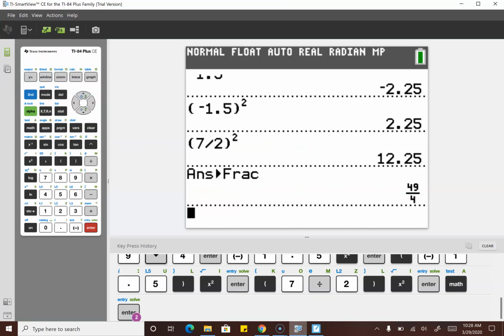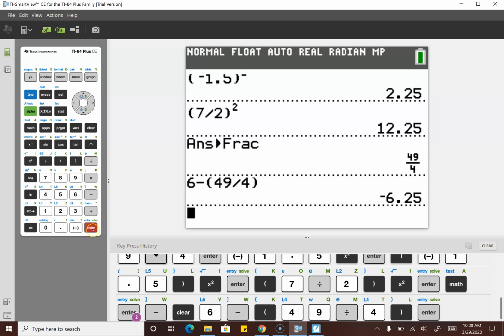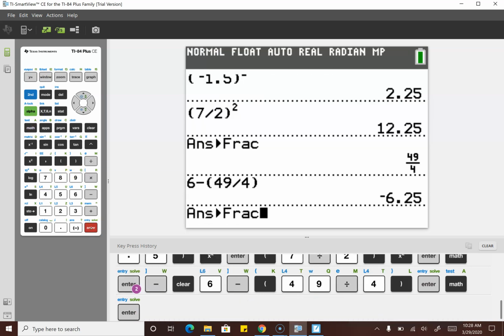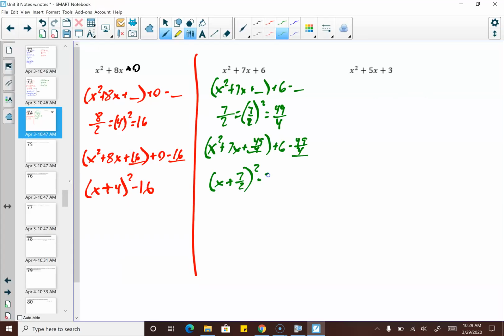And now we're going to be 6 minus that 49 over 4. And again, we're going to keep this in fraction form, and we get negative 25 over 4.